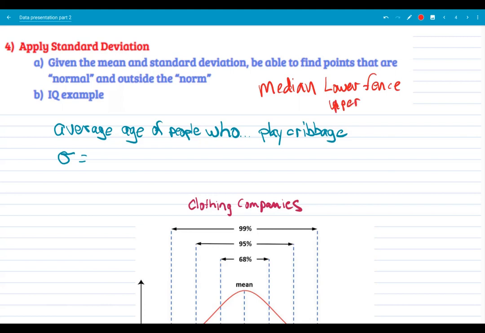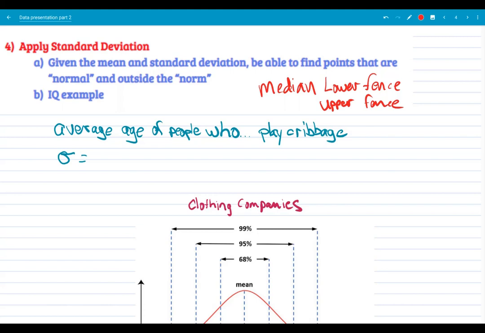And there should be another P in there. I'm not going to ask you to do this today. I'm just going to give you the numbers and say, well, what can you do with this? So given the mean and standard deviation, our goal here is to be able to find points that are normal, and outside the norm.